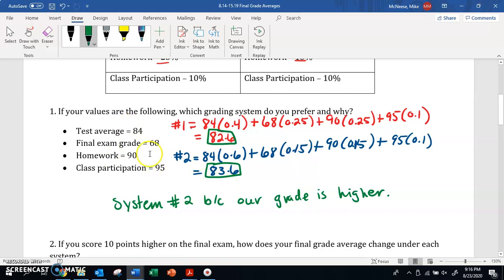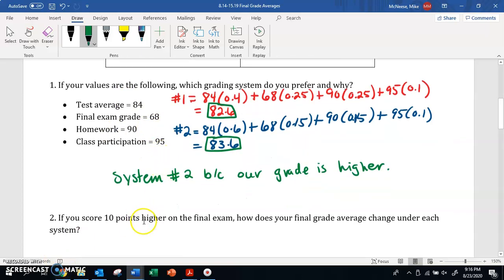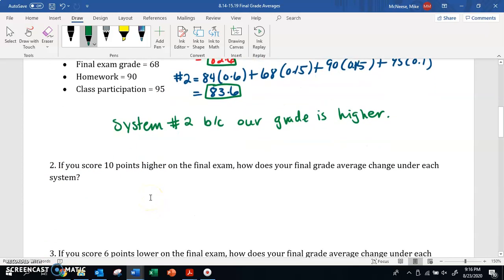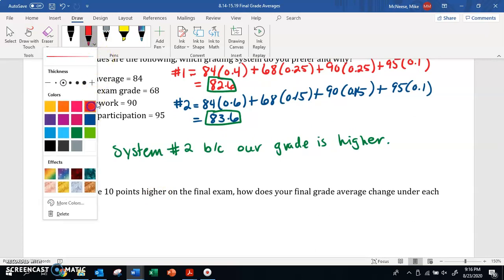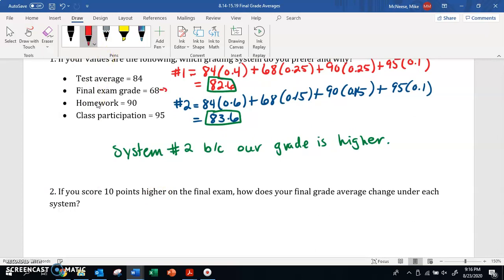So let's change it up a bit. It says if you score 10 points higher on the final exam, how does the final grade average change under each system? So instead of a 68, we're going to have a 78, 10 points higher. In system number 1, all the other numbers stay the same.